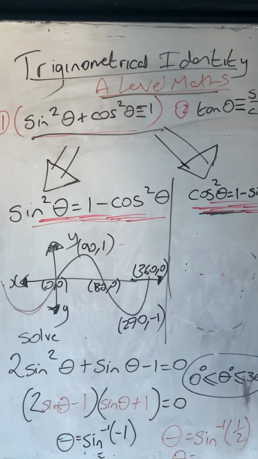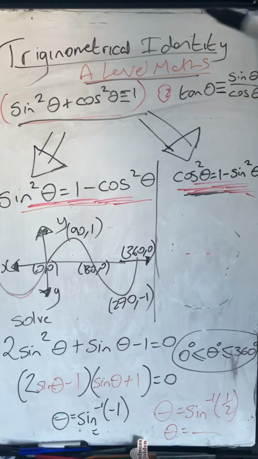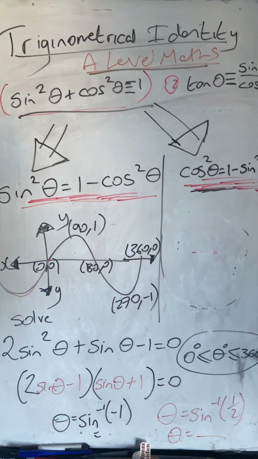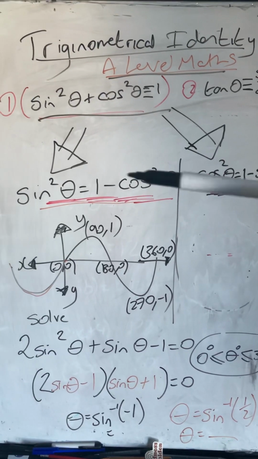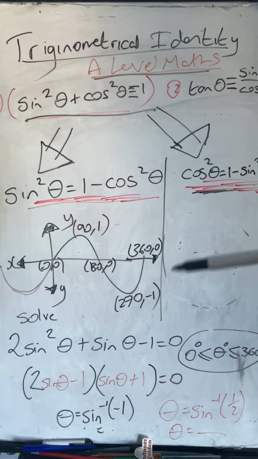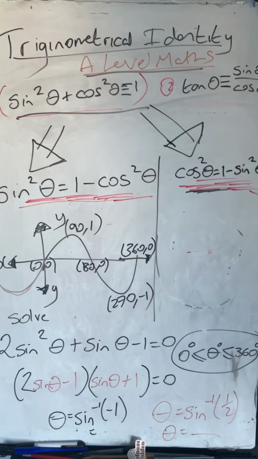But we're also going to be using these identities to prove statements true or disprove statements. So it's important that we're clued up on the sine graph. This is a copy of the sine graph, hopefully from GCSE Maths. I've put on some points on there.